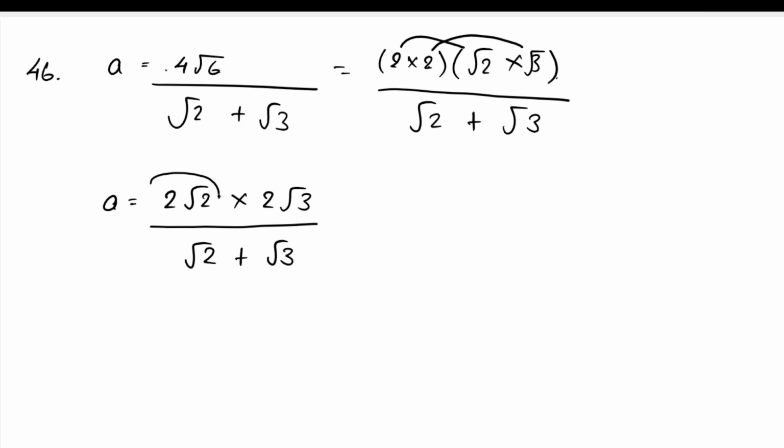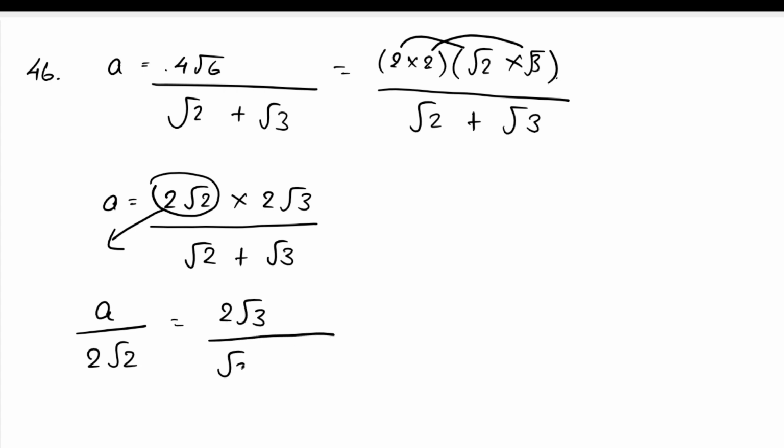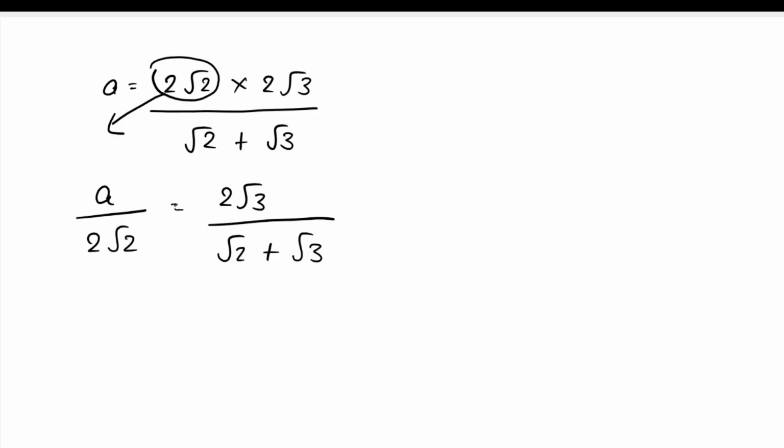Now here, this 2 root 2, I'm bringing it to the other side. So this will become A divided by 2 root 2, which is equal to 2 root 3 divided by root 2 plus root 3. Now for this one, I'm applying the property of componendo and dividendo on both the sides.